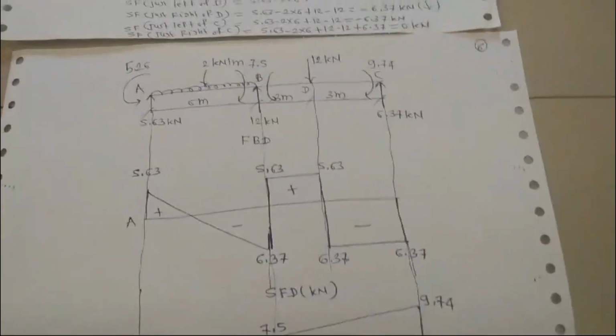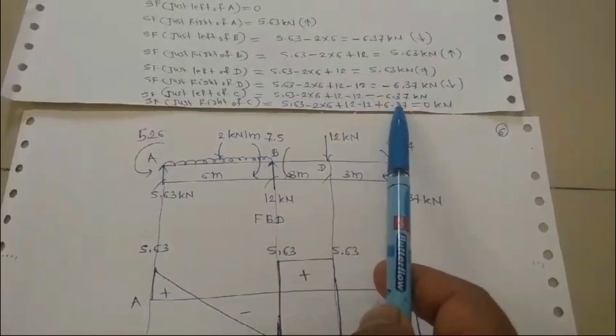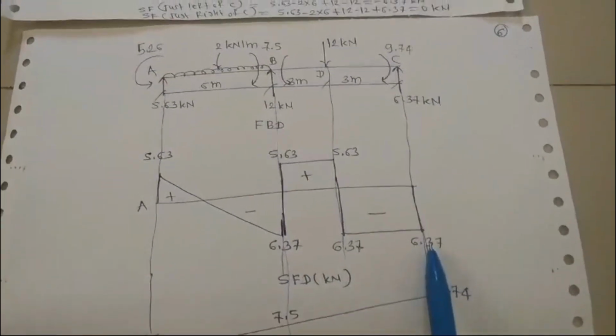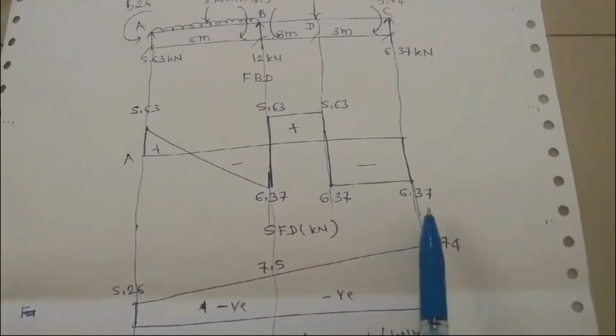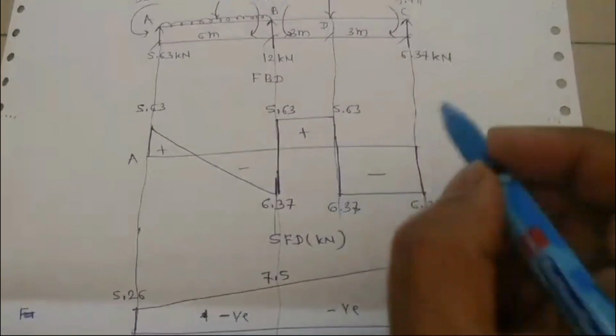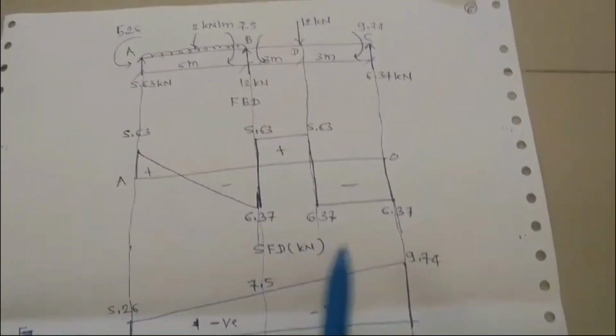Okay, so just left of C it is minus 6.37, and just right of C it is 0. So you can see just right of C the value is 0. So this is your shear force diagram.